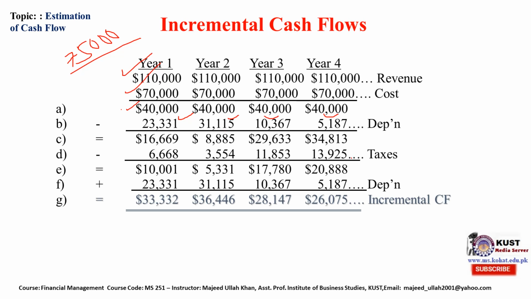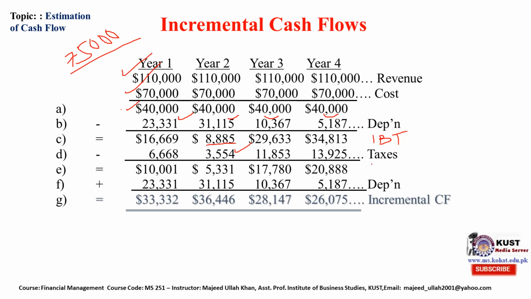That is income before tax. Now tax is 40%. 40% of 16,000 is $6,668. 40% tax on this amount is that much tax, so we calculate the tax for all 4 years.